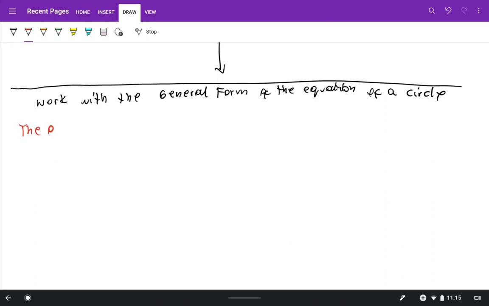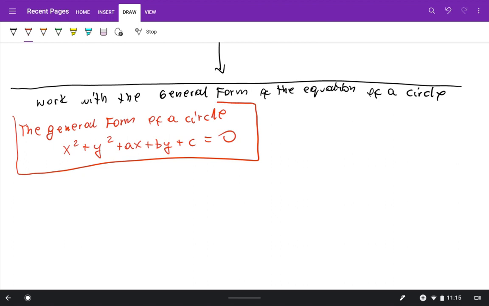So the general form of a circle looks like this: x squared plus y squared plus ax plus by plus c equals 0. This is the general form.